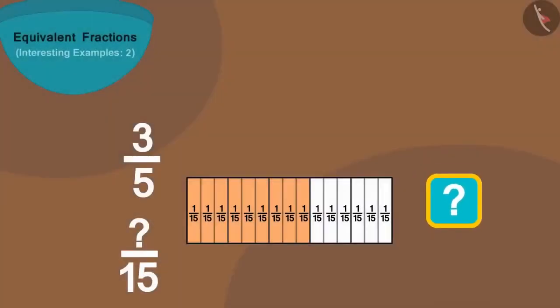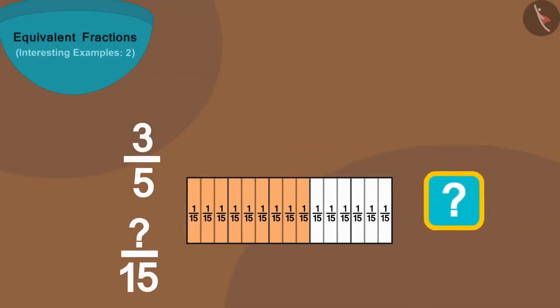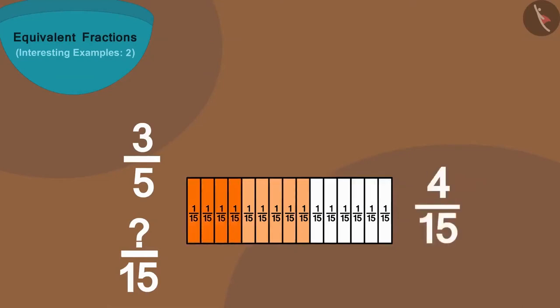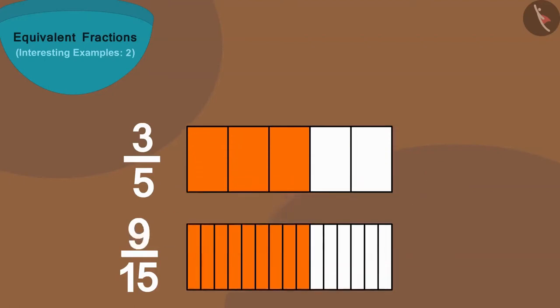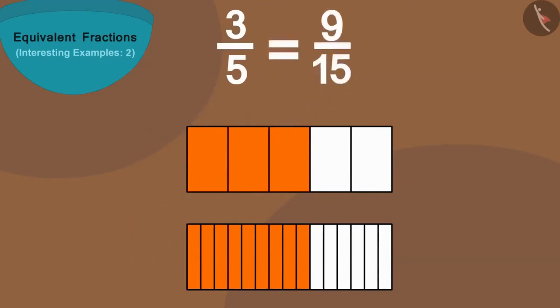Can you now tell how many parts out of 15 are equal to 3 colored parts of the bottom strip? Let's see. Yes, 9 parts. In this way, 3 by 5 is equal to 9 by 15.